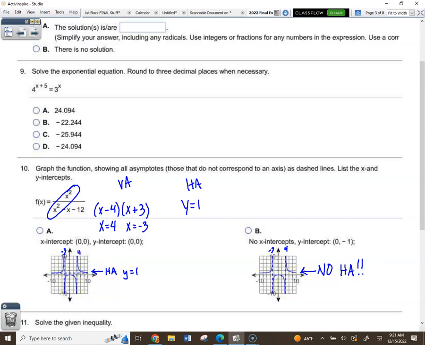See the difference? So that's how you know it can't be B, because we just said it has an HA. Then you would check your intercepts. The y-intercept's the easiest one to check, because when you're checking the y-intercept, it means plug x equals 0 in, right? So if you plug 0 in, you end up with negative 1 over 12, which would show me that it's crossing.